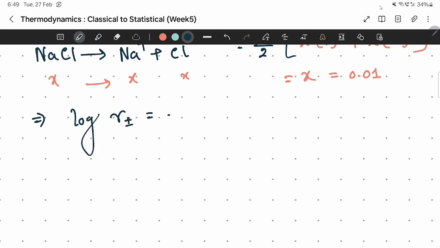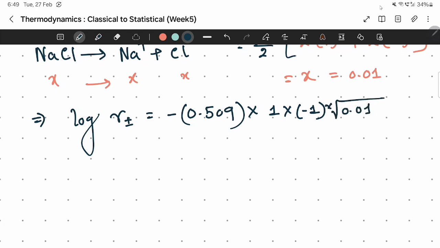So the log of it is minus 0.509 into, what is Z plus? It is 1. What is Z minus? It is minus 1, and root over I, that is 0.01. So it will be 0.509 into 1 into 1 into root over 0.01.